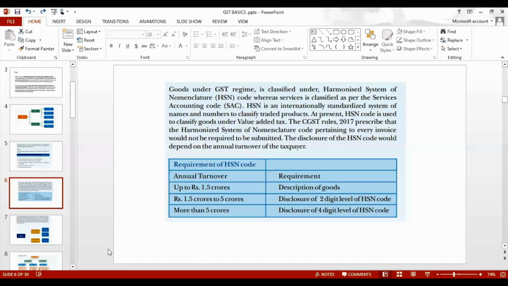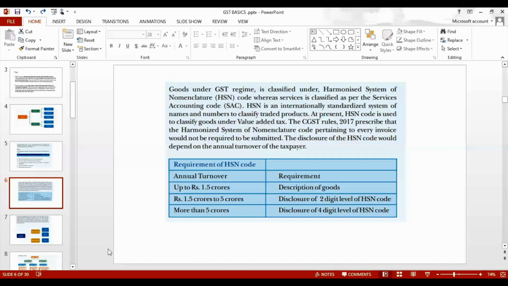In any invoice bill copy, it will show the 2-digit HSN code. Finally, for annual turnover above 5 crores, it will show a 4-digit HSN code. So the abbreviation is clear: HSN is the International Standard System of Naming, and it is under the GST concept.